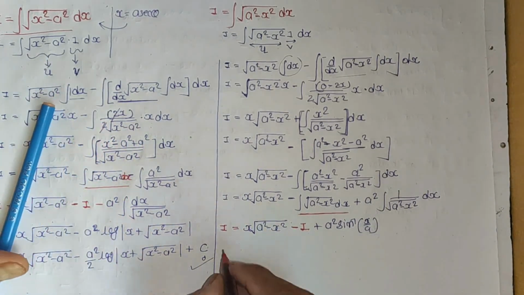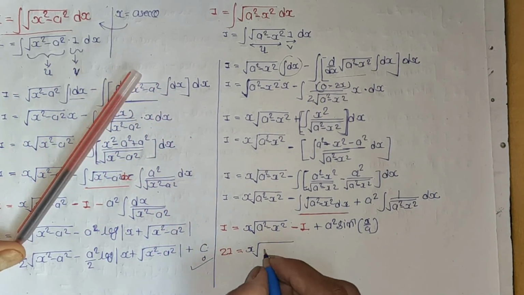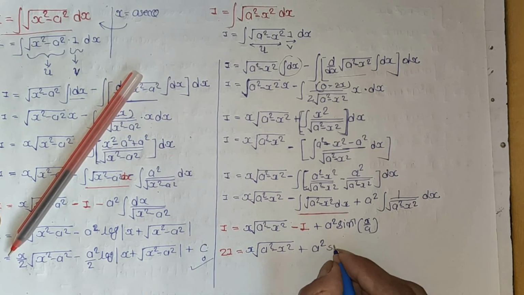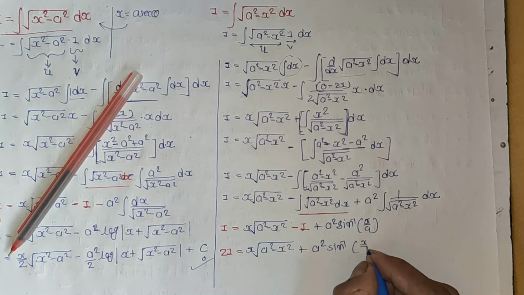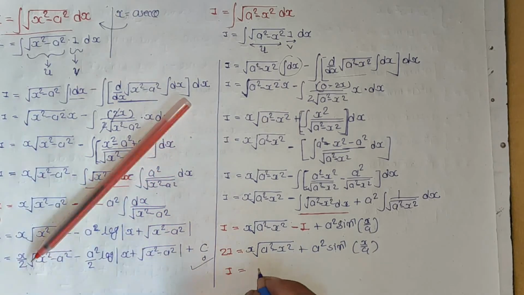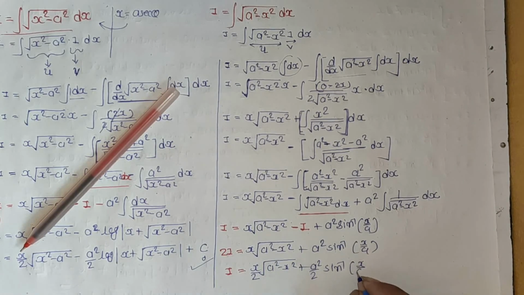Now 2I equals x square root of a square minus x square plus a square sine inverse x by a. Now my final answer is I equals x by 2 square root of a square minus x square plus a square by 2 sine inverse x by a, plus put arbitrary constant c. Okay.